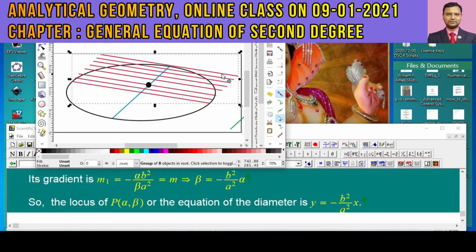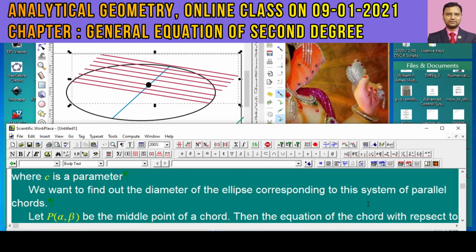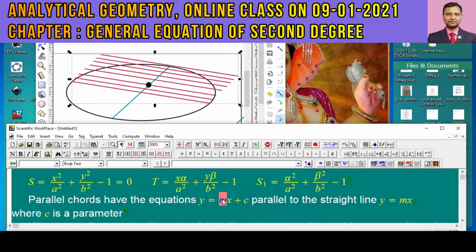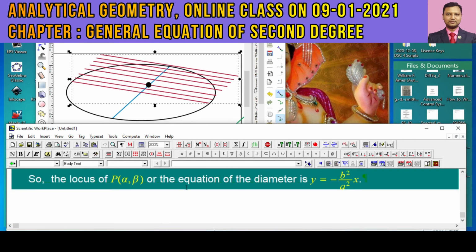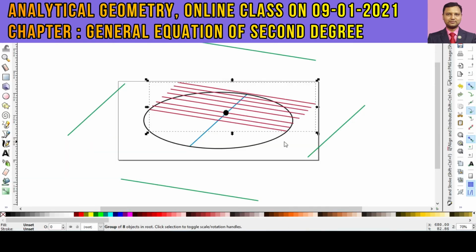If we are given this kind of parallel straight lines, then from those parallel straight lines we can identify their gradient m. Got it? And from that gradient m, by this mechanism we will be able to find the equation of the diameter. Over here, I would like to mention one property of the diameter.